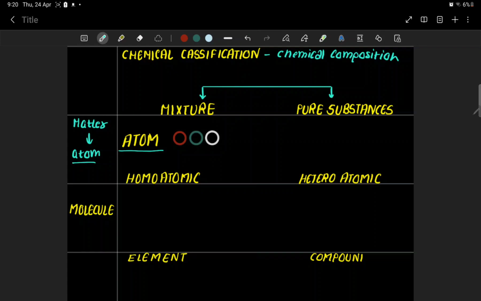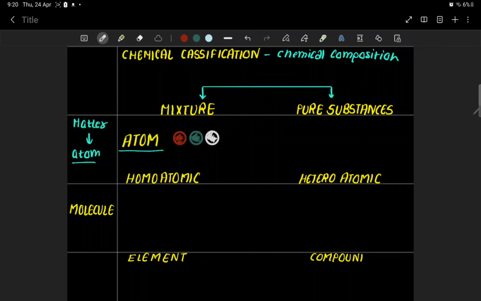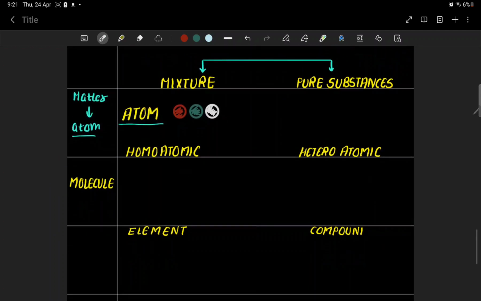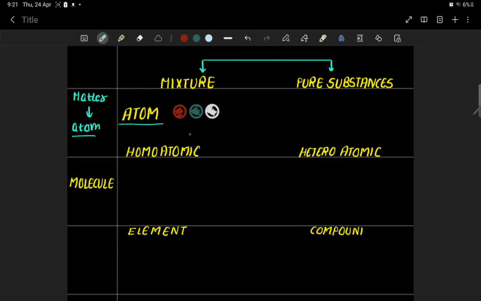Now, there's not one kind of atom. We have different kinds of atoms based on their electronic configuration, etc. That you will understand when you study the atomic structure. For right now, let's just say we have different atoms and they can combine in two forms.